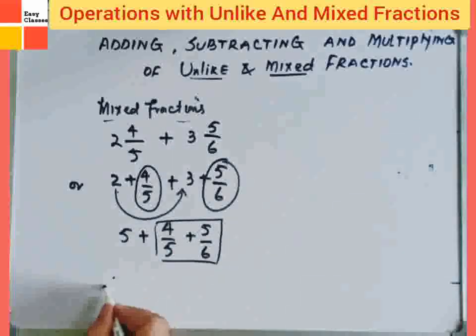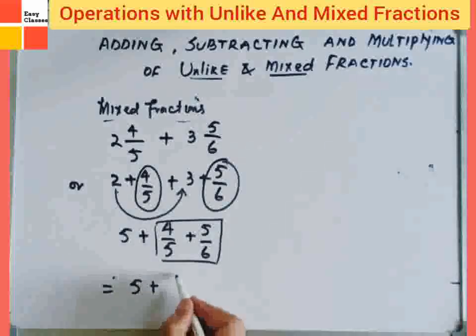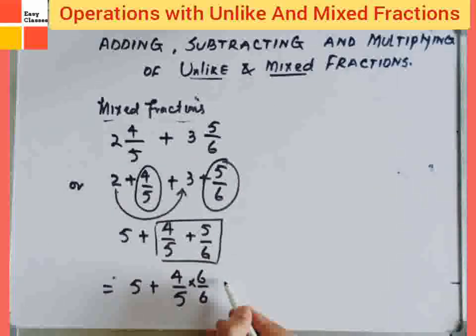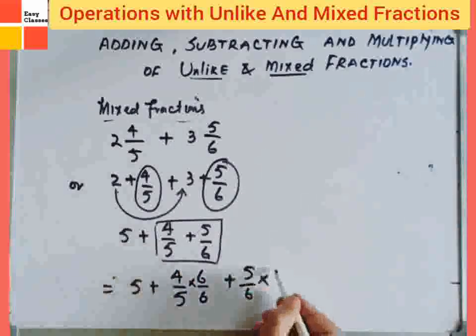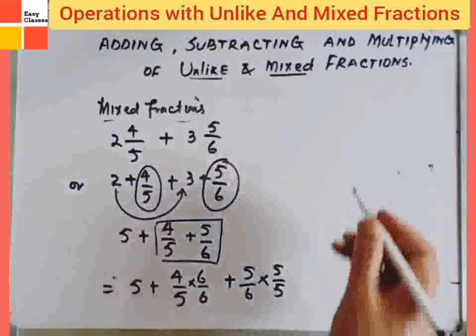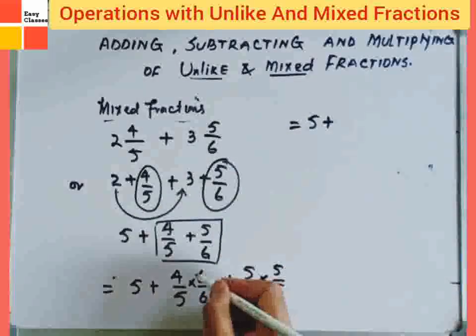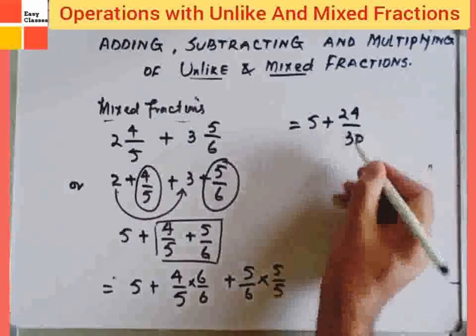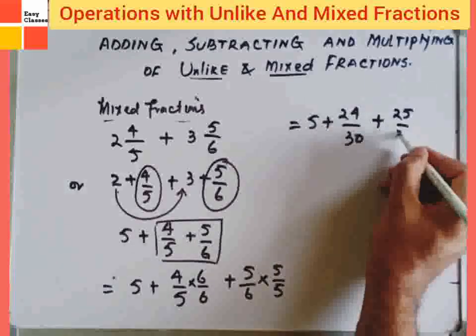Okay, so you will get 5 plus, 4 by 5 into 6, the denominator of this, plus 5 by 6 into 5, the denominator of this. So you will get 5 plus 6 4s are 24, 6 5s are 30, then plus 5 5s are 25, 6 5s are 30.